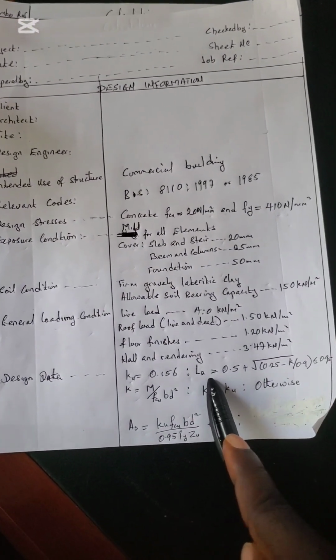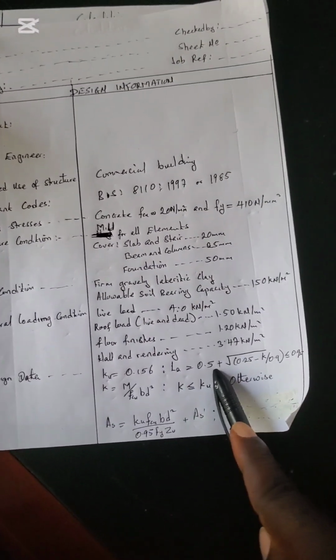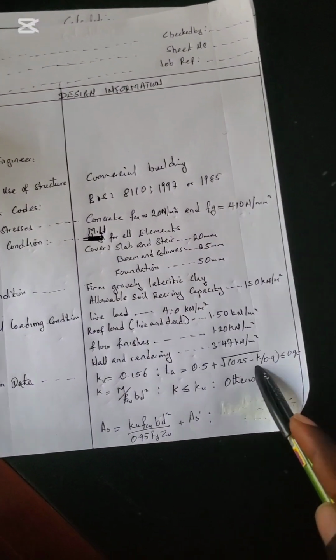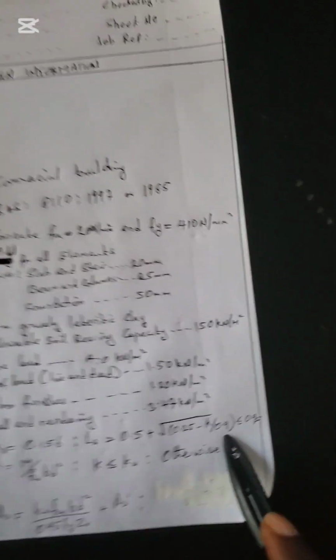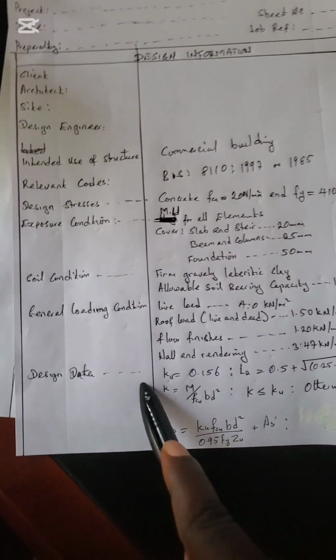Then the lever arm LA is 0.5 plus square root of (0.25 minus K over 0.9). This must be less than 0.95. If it is not less than 0.95, you come to this formula.